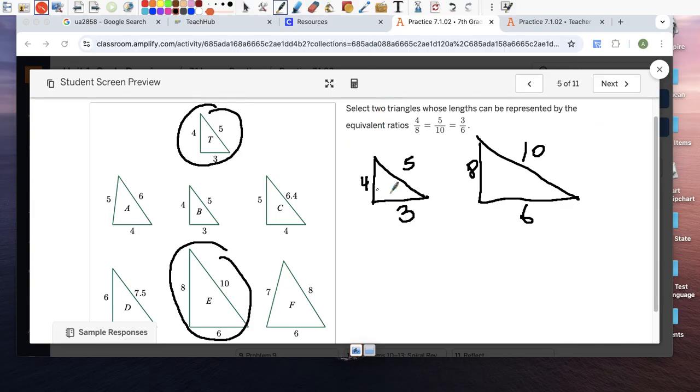If you set up a proportion, the corresponding sides you can use: 4 over 8, 5 over 10, and 3 over 6. So that's literally what they meant.